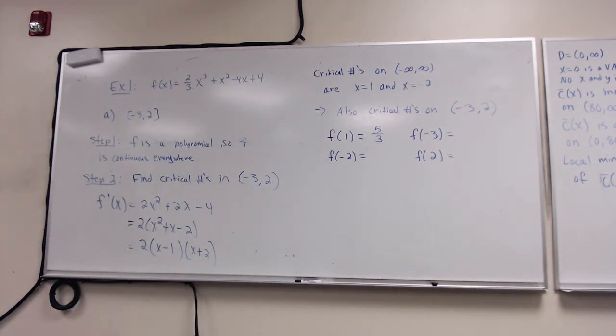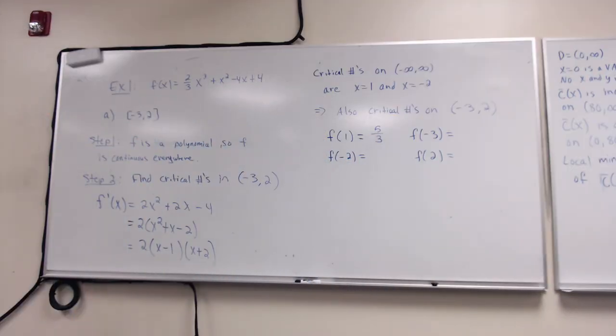And then we can plug in -2, so 2/3 times -2 cubed, plus -2 squared minus 4 times -2, and then plus 4.